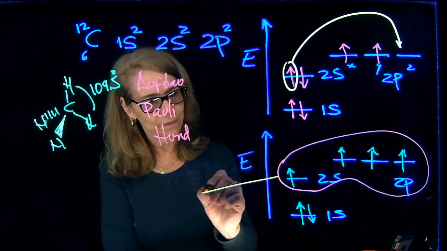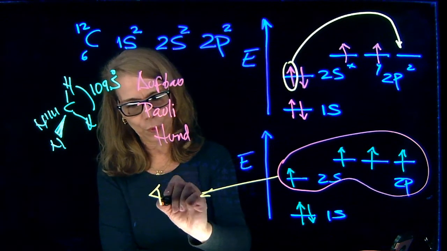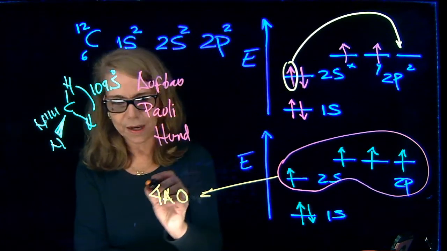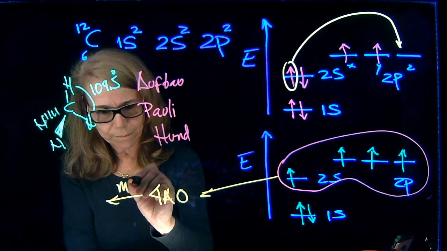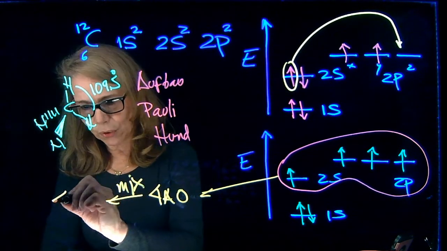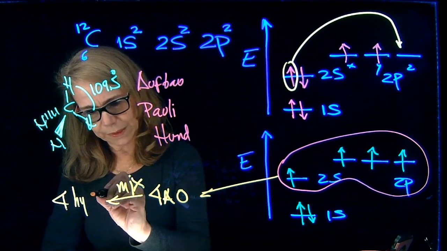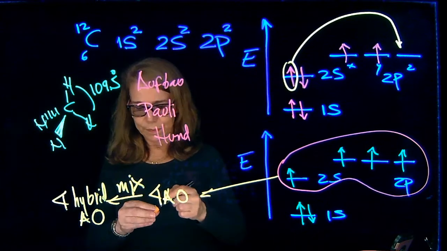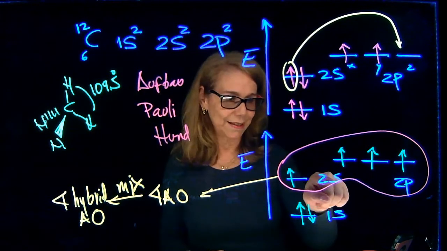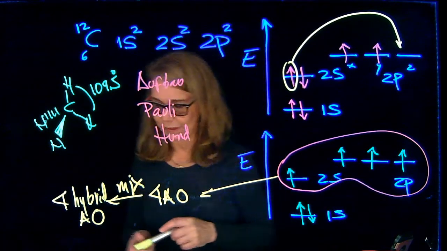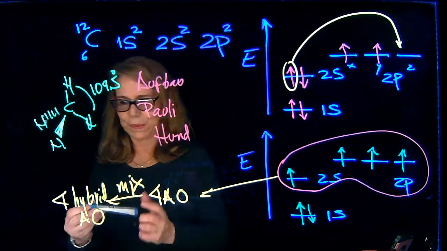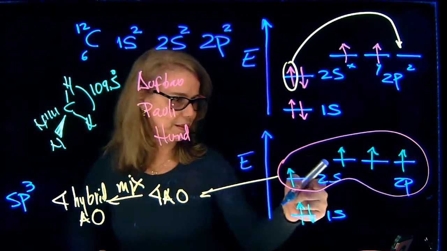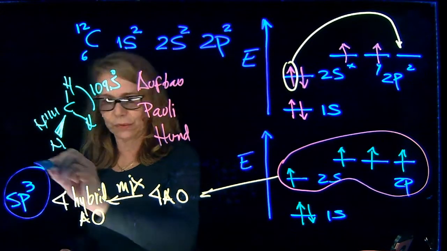So from 4 atomic orbitals, the s and the 3 p's, we're going to mix to create 4 hybrid atomic orbitals. And because we're mixing the s and the 3 p's, the name of those would be sp3 orbitals: 1 of the s and 3 of the p's. That's the name of those orbitals.